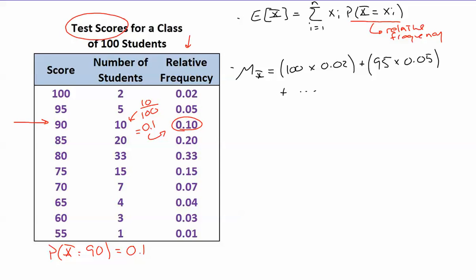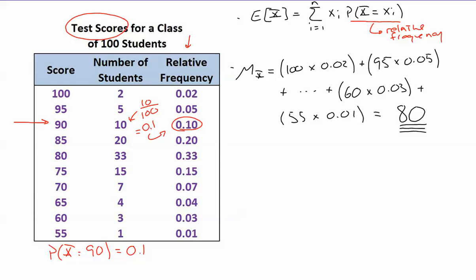Plus, I'll let you write all this down, 60 times 3%, plus 55 times a relative frequency of 0.01. If you work all that out, you get a value of 80. So the mean score is 80.